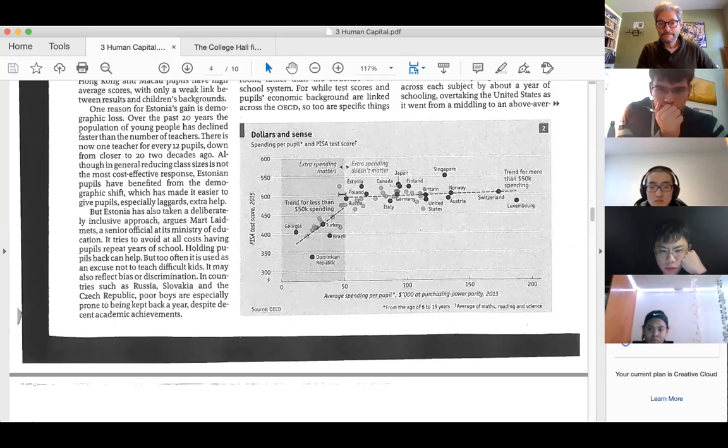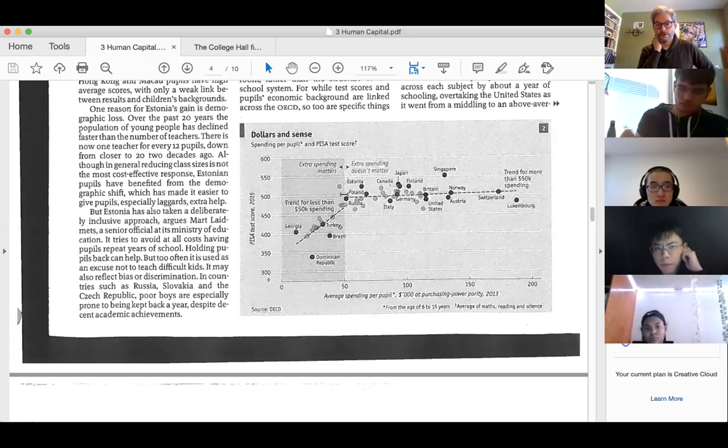But then there's a point where you're spending about $50,000 a student, at purchasing power parity, where the benefits of spending more on students really start to level out. And so that's not to say that more spending hurts, but more spending alone is not going to make you a better school system. You have to figure out what you're going to spend your money on.